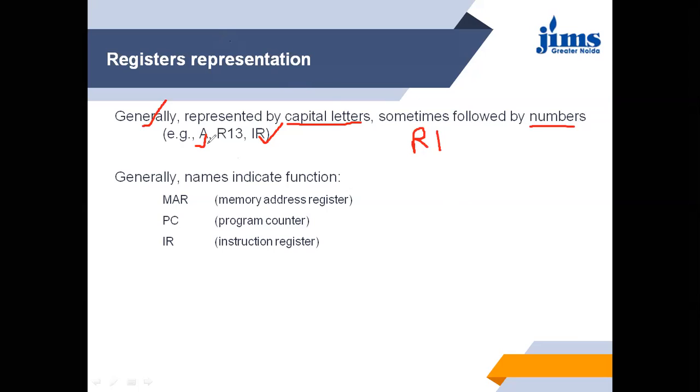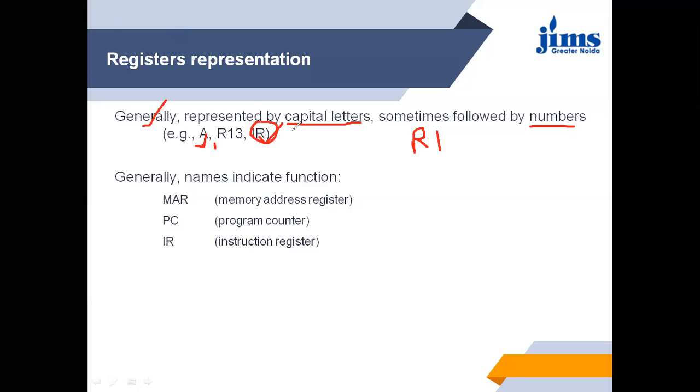Here I am representing it by the capital letter A. Or by a letter followed by numbers, that is R followed by 1 and 3. And this one is by some special letters, IR. You will come to know what IR means.